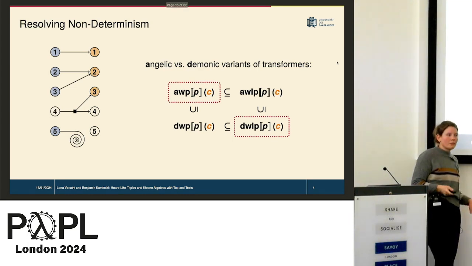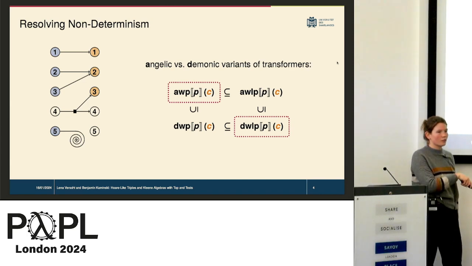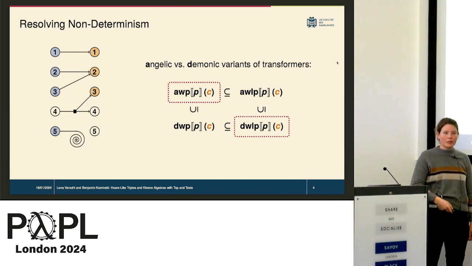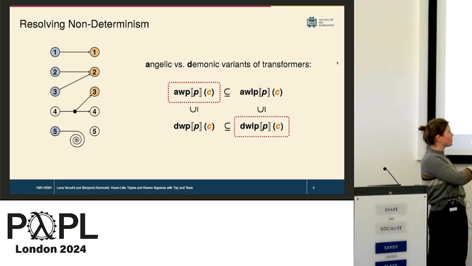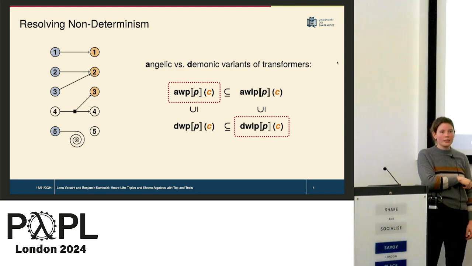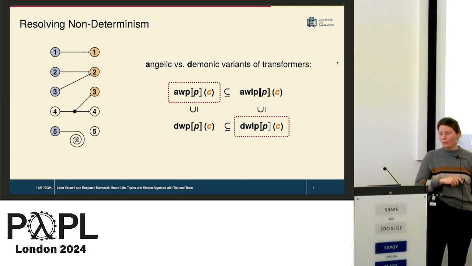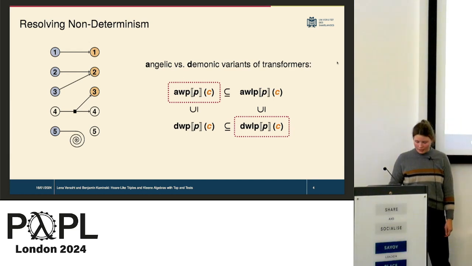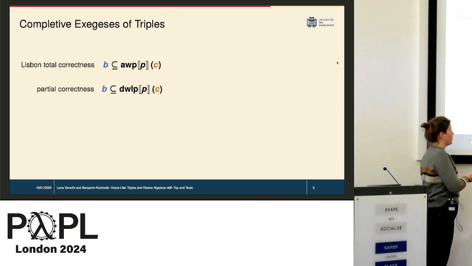Now, to keep things a bit simpler, we will for now focus on these two variants. We will assume that non-determinism in the weakest precondition transformer is resolved angelically, and in the weakest liberal pre it's resolved demonically. This gives us two triples.